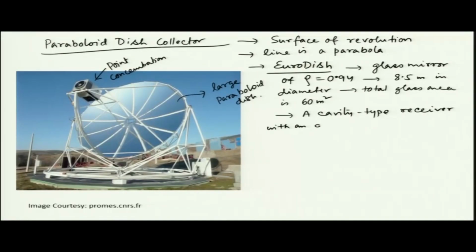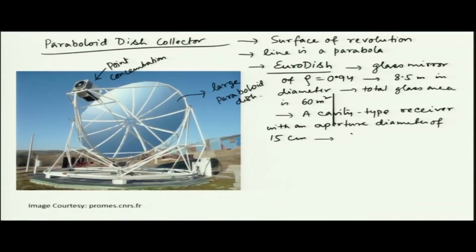with an aperture diameter of 15 centimeter. So, you can see the large area of 60 meter square, the mirror or aperture area, is getting concentrated into a small area of 15 centimeter diameter. You can imagine the concentration ratio there, and you can calculate it as well.